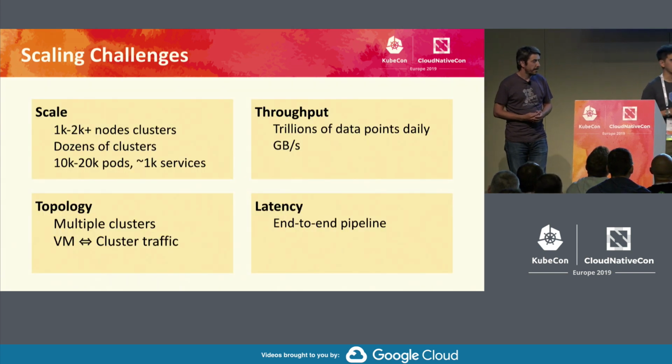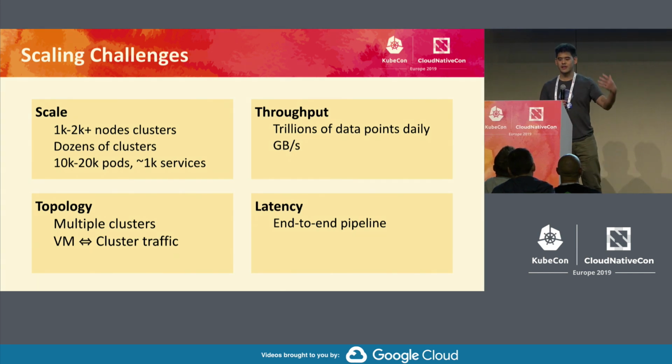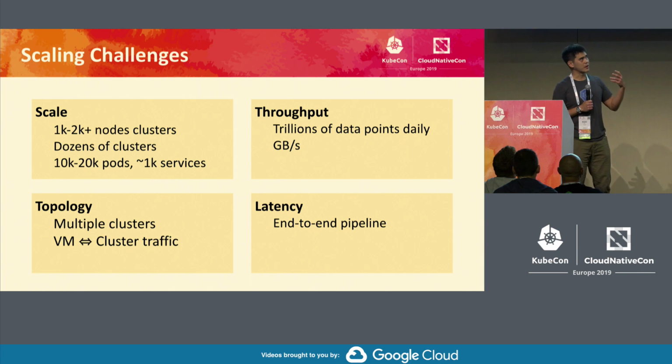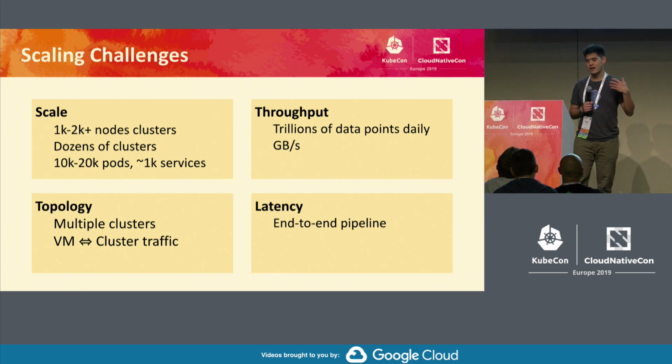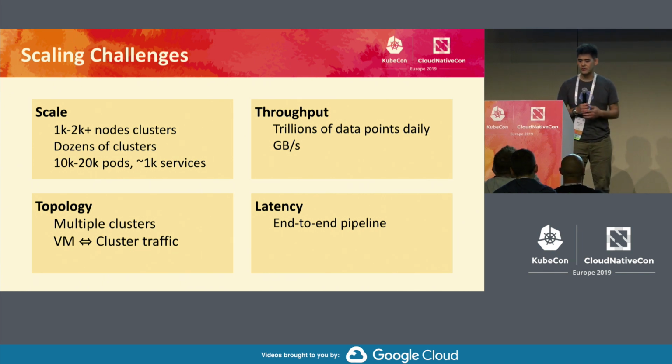OK. So in general, to give a concrete data point for what we're going to talk about in terms of scaling challenges, we're talking about thousands of nodes, dozens of clusters, and each cluster having tens of thousands of pods and thousands of services.